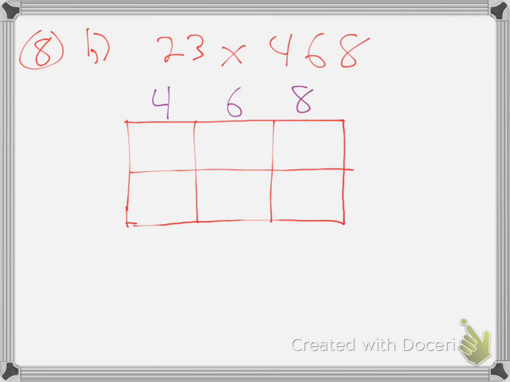So 468, 23. Put in all the diagonals. There. So multiply all the numbers times the numbers.